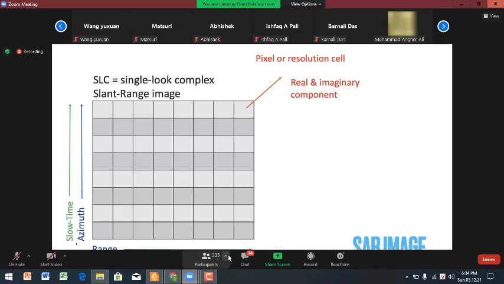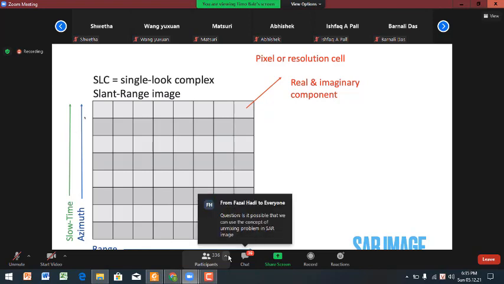It is much slower because it's the speed of the satellite by the pulse repetition frequency, how often you repeat the pulses. This can then be transformed into meters. But typically in the so-called slant range image, in the single look complex image, the format gives you that in timing.